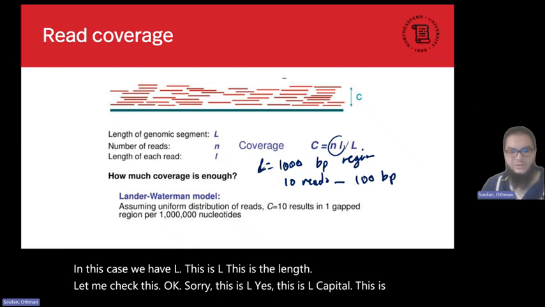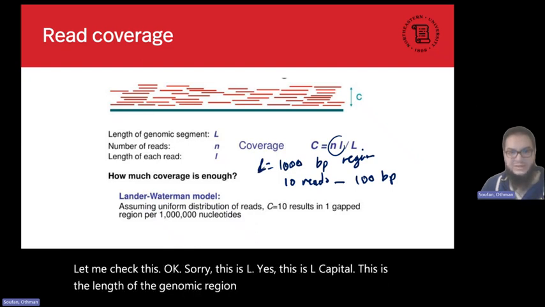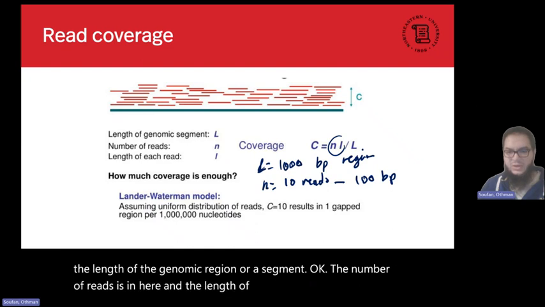This is the length of the genomic region or segment, the number of reads is n here, and the length of each read.